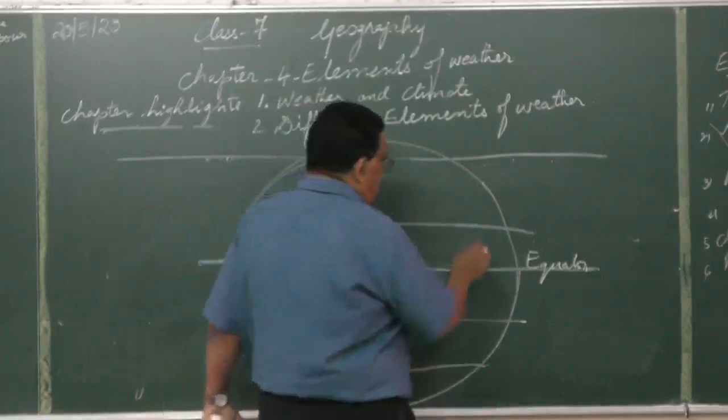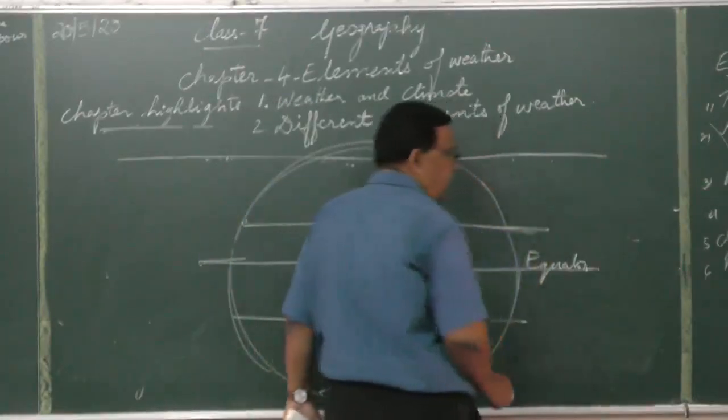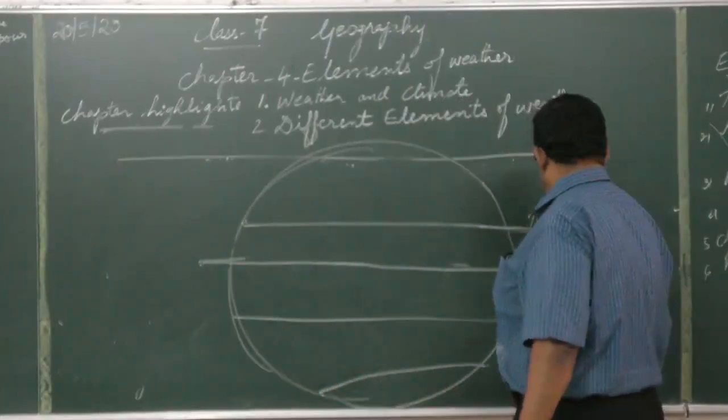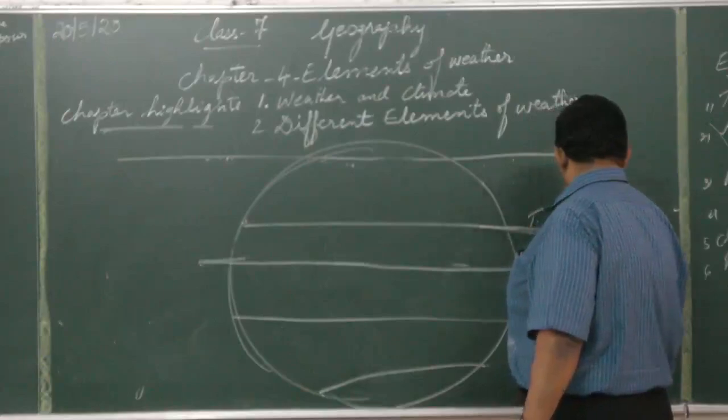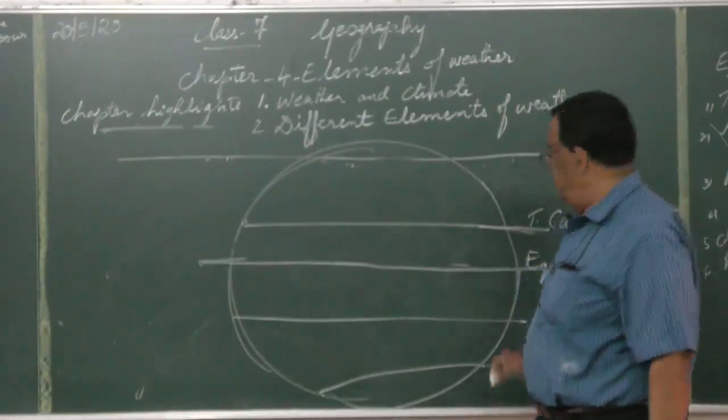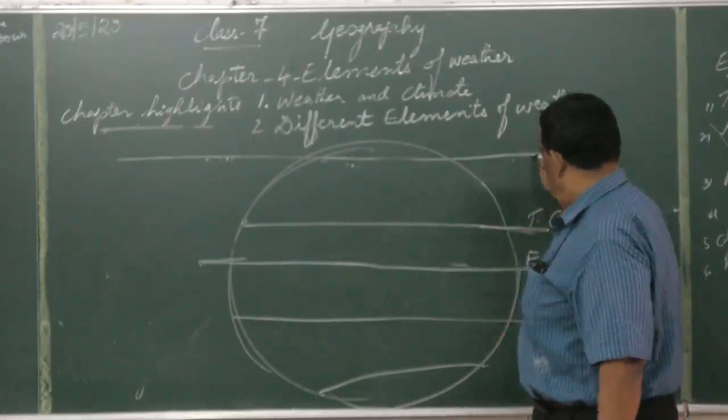So we got the equator, and above the equator, we got an important line called the Tropic of Cancer. And then we have the Arctic Circle.